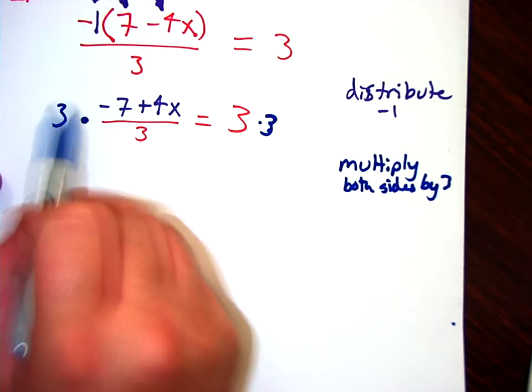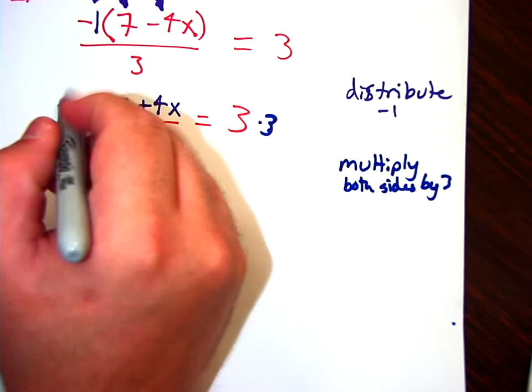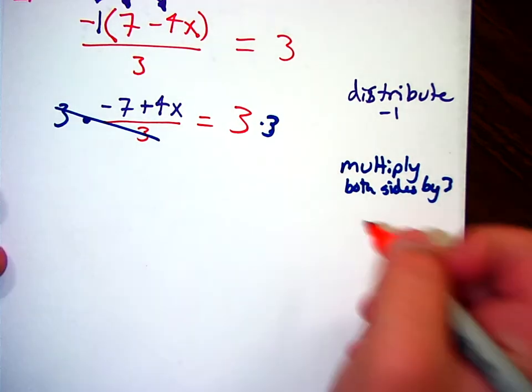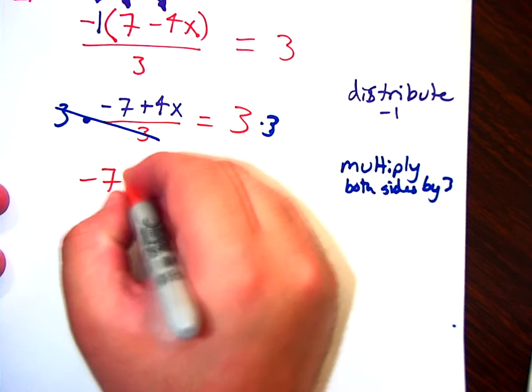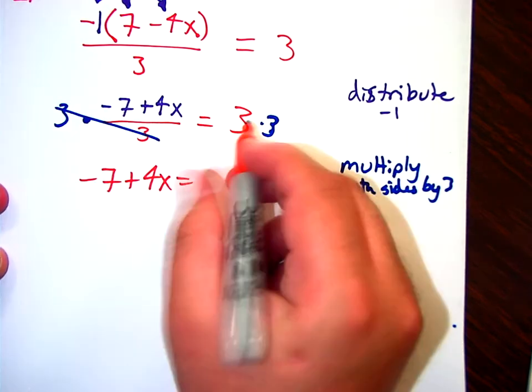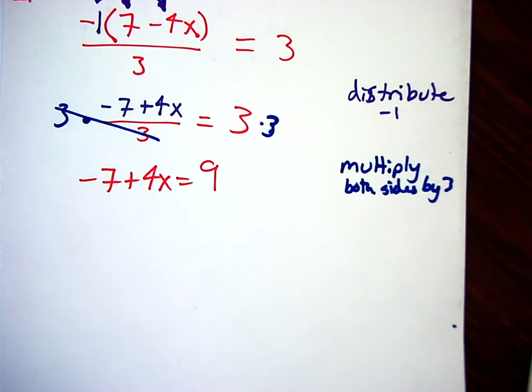And when you multiply and divide by 3, those things cancel out. So let's write down what's left. Negative 7 plus 4x, this side right here, this piece, equals 3 times 3 is 9. Done.